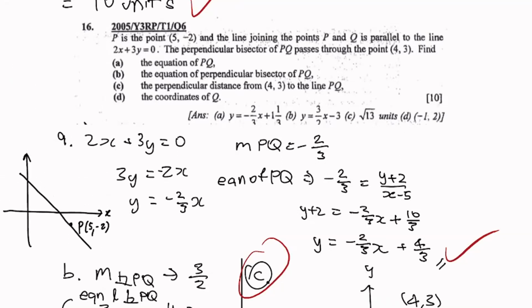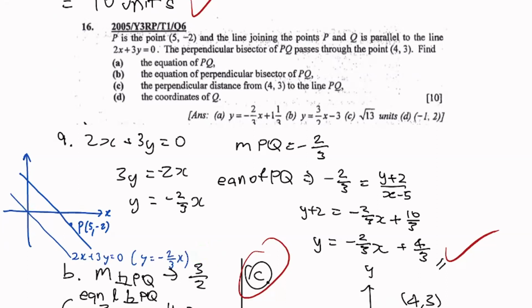Maybe I'll use blue color. Parallel to the line 2x plus 3y equal to 0. So this equation is y equal to negative 2/3 x. So it's this guy. Then it passes through the origin now because the y-intercept is 0.